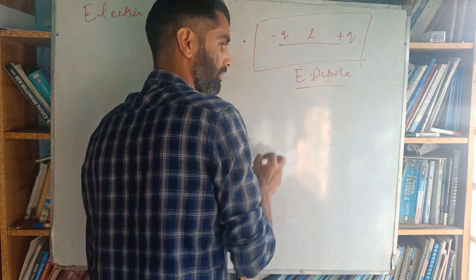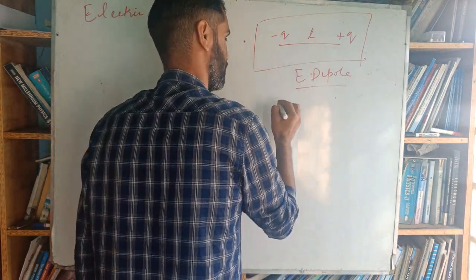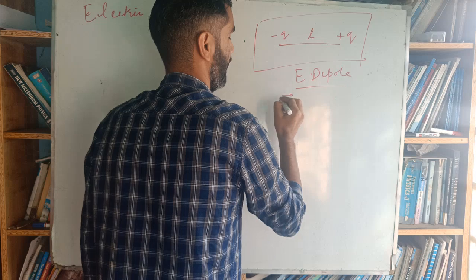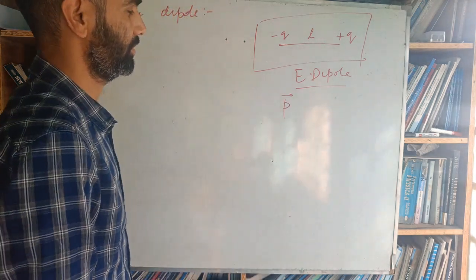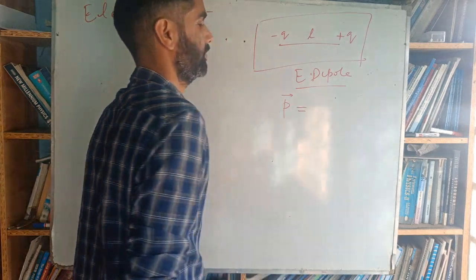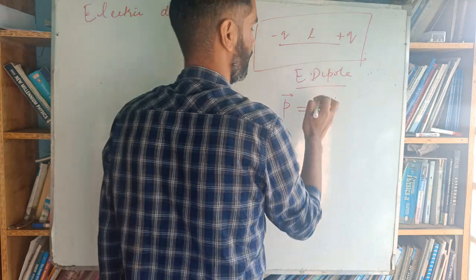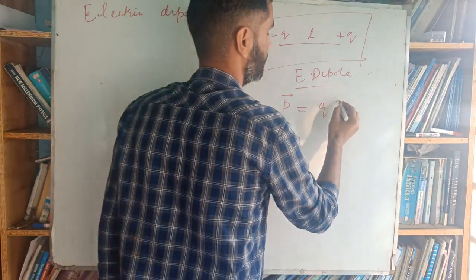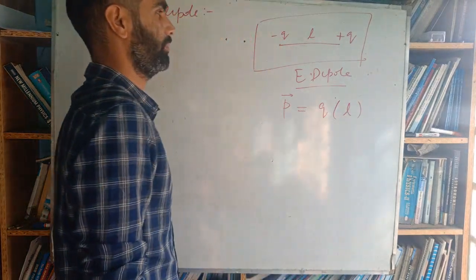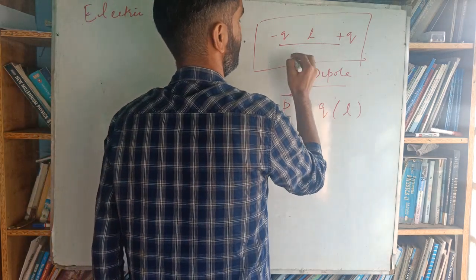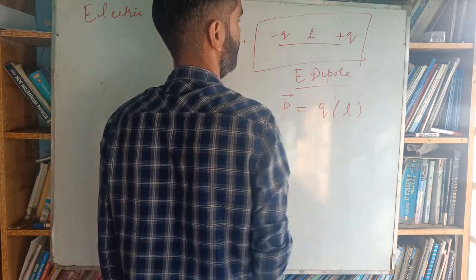The physical quantity we define for this electric dipole is known as the electric dipole moment, which is a vector quantity given by the magnitude of one of the charges and the length of the dipole. The direction, by convention, is taken from minus q to plus q.